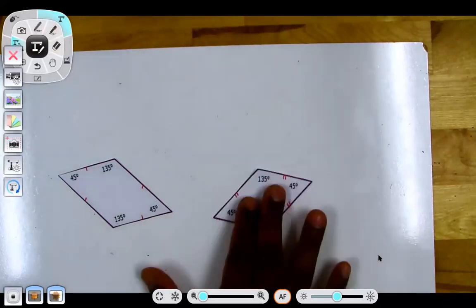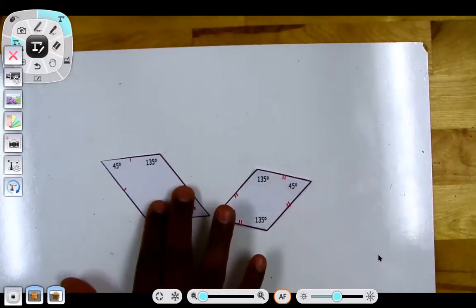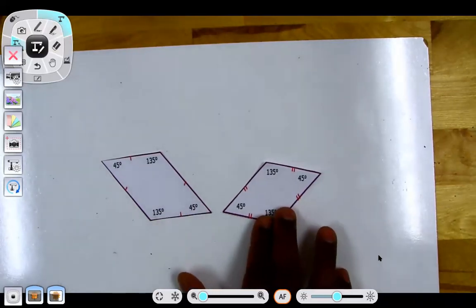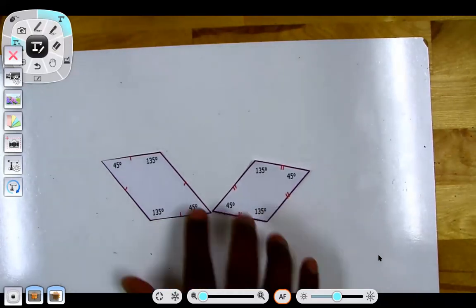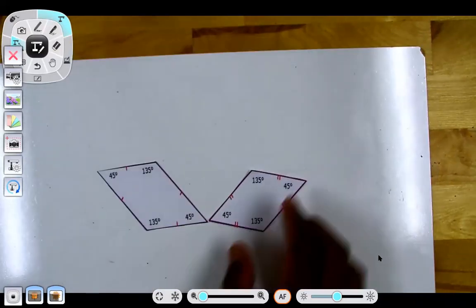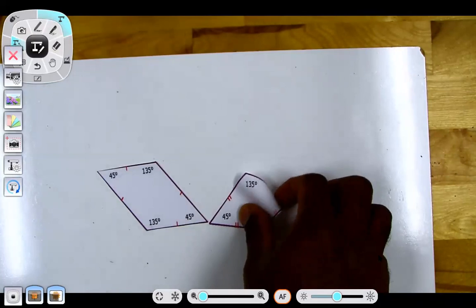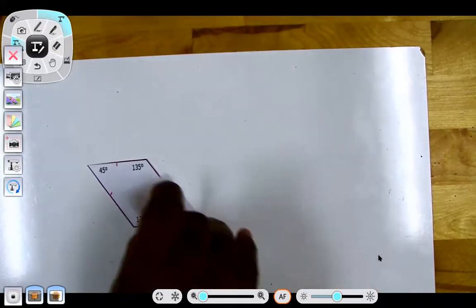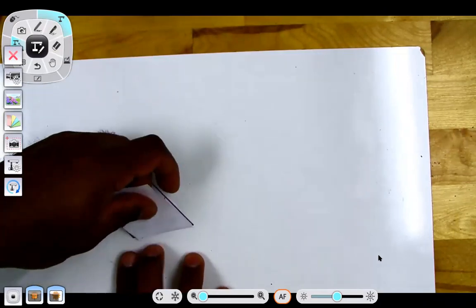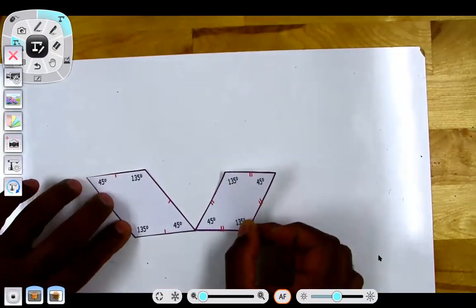There you go. You have these two. I am trying to align where I can fit. These two are 45 degrees, so I just try to align. And then I flip it, which is a reflection. So I had it over here, and then I flipped it.